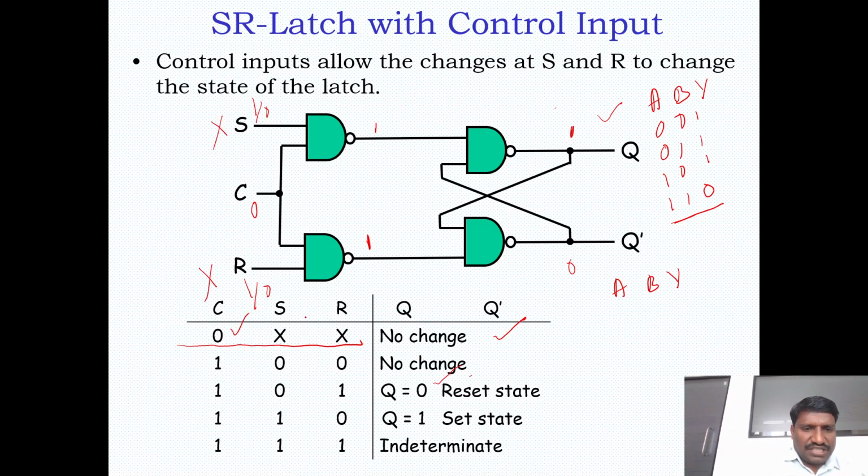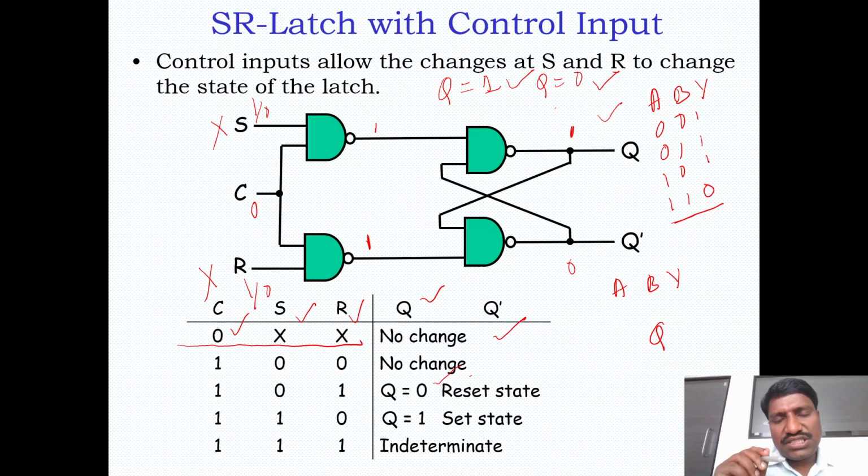Where C is 0, S is don't care, R is don't care. No change. What is the meaning of no change? If Q was at 1, it will continue with 1. If it was 0, it will continue with 0. That is the meaning of no change.